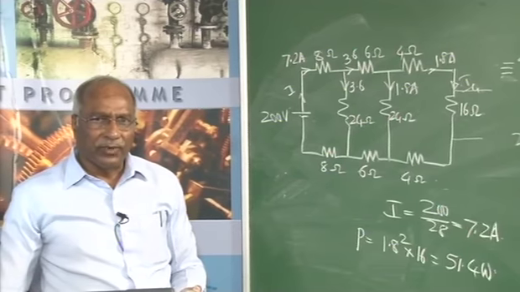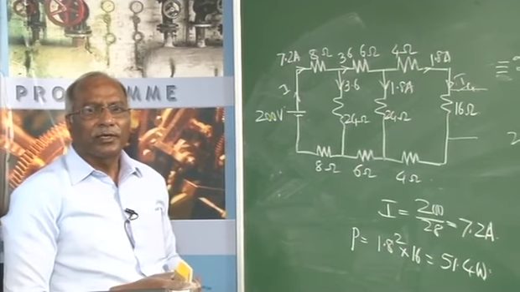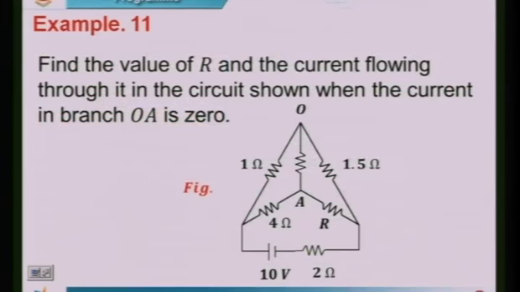Consider one more example. Find the value of R and the current flowing through it in the circuit shown when the current in the branch OA is 0.